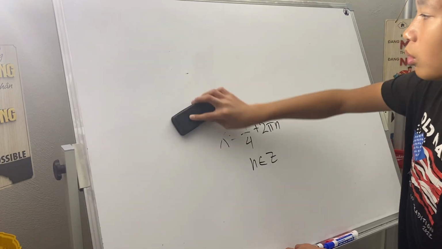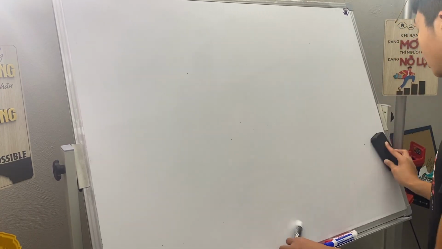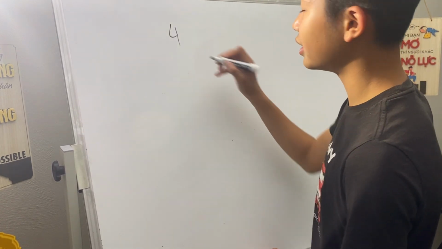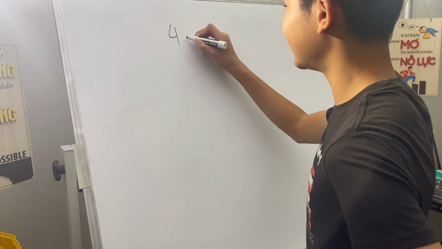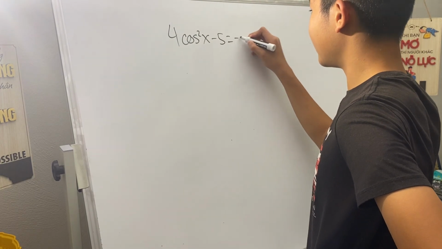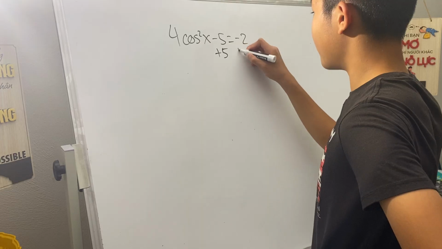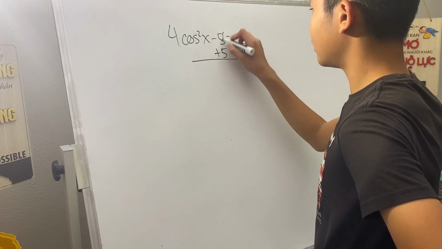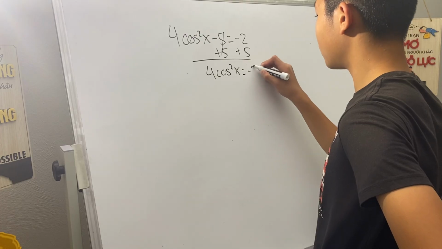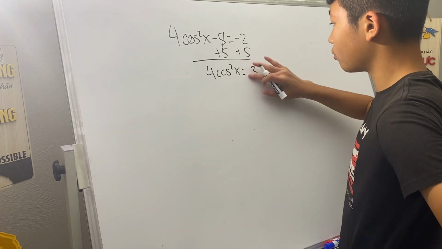And the second problem, the fourth one, the final one we're gonna do. Pretty easy. Add 5 to both sides. My bad.